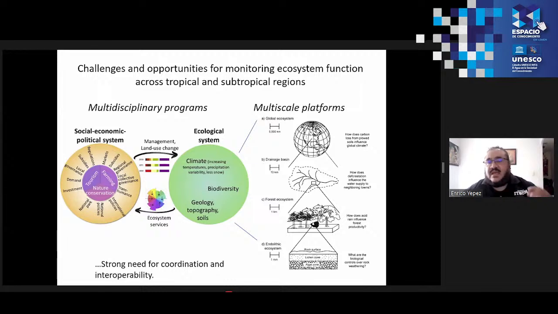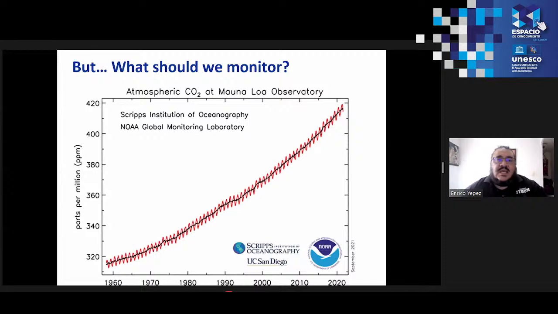We need to understand fine soil processes like the performance of microbial communities in the biogeochemical cycles. And we need, as we heard today, to understand what happens at the scale of a watershed, for example, to close our water budgets or to understand the large-scale dynamics of these biogeochemical cycles. So we need to engage in these multi-scale platforms to really gather information on the functioning of these systems.